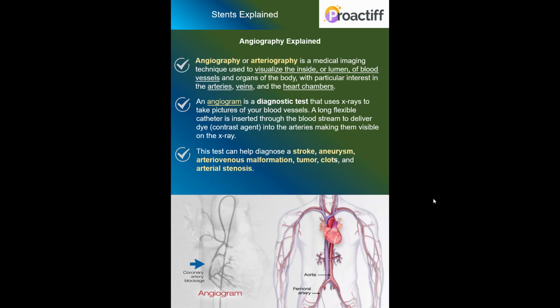This procedure will be performed based on the use case scenario which we'll discuss, and the test will help in diagnosis of stroke, aneurysm, and of course arteriovenous malformations, tumors, clots, and arterial stenosis.